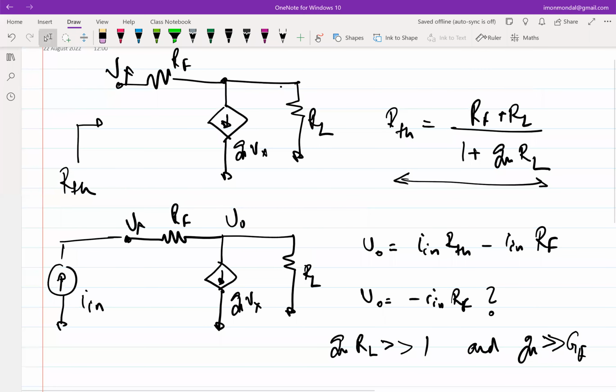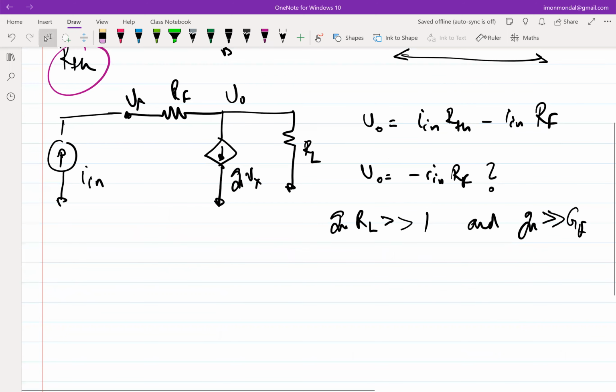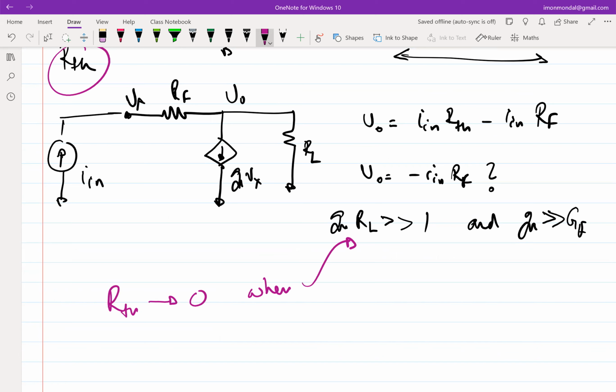Okay. So this is the maths part of it, but the more important part is this: when this condition is met, as you pointed out, input impedance RTH essentially goes to 0. So RTH tends to 0 when these two conditions are met.